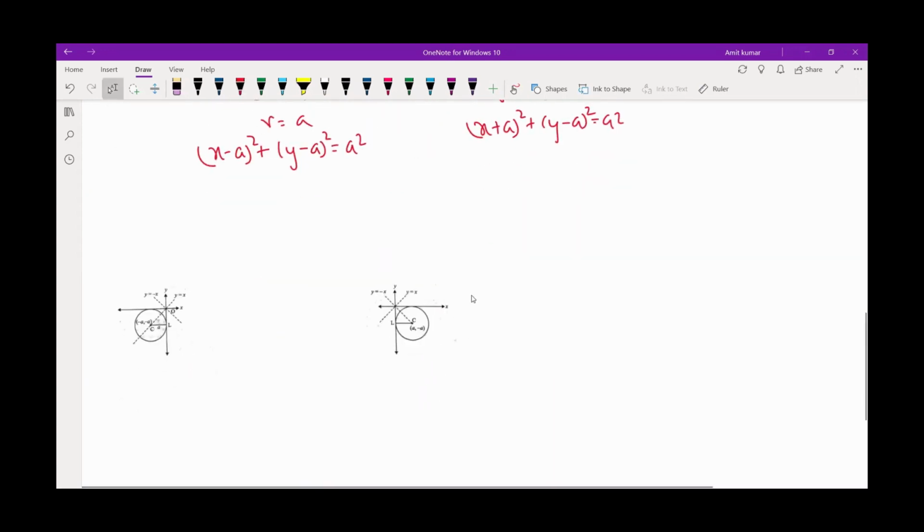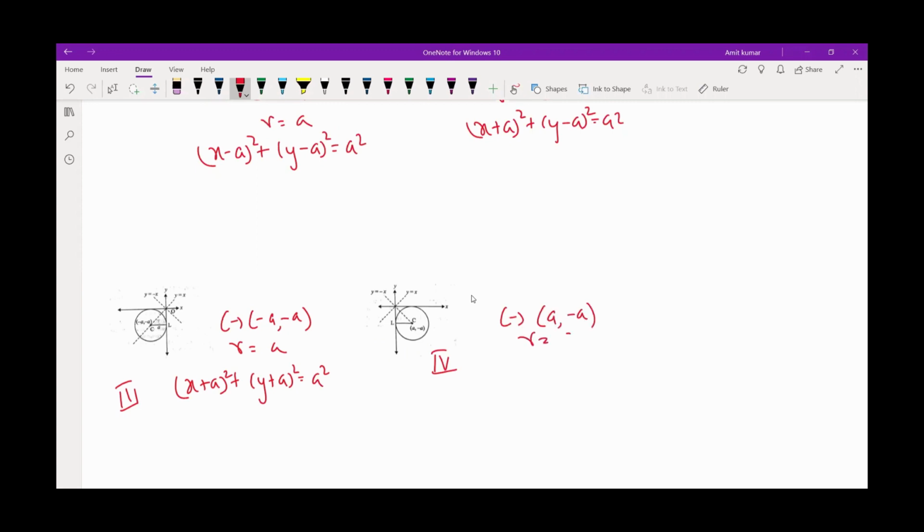But if the center of the circle is in the third quadrant, then the center comes out to be (minus a, minus a), and the radius is again a. So the equation comes out to be (x plus a) whole square plus (y plus a) whole square is equal to a square. This is the third case. And in the fourth case, the center is in the fourth quadrant, that is (a, minus a), and the radius is again a here. So (x minus a) whole square plus (y plus a) whole square is equal to a square.